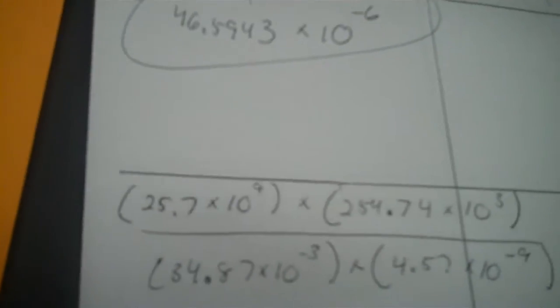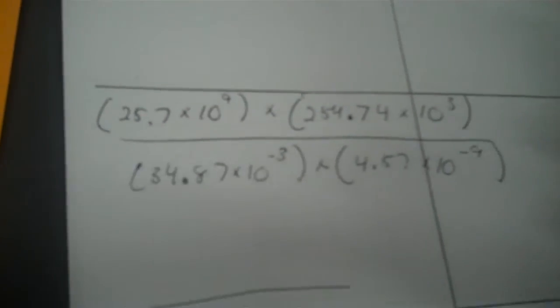Okay, next one, I'm going to kind of show you again how we're going to do that. And actually, I'm just going to go to my calculator right now, okay? I'm going to put parentheses. I'm going to ignore the powers of 10. I'm going to go 25.7 times 254.74. Then I close the parentheses. I make one parentheses. Then I click the division key.